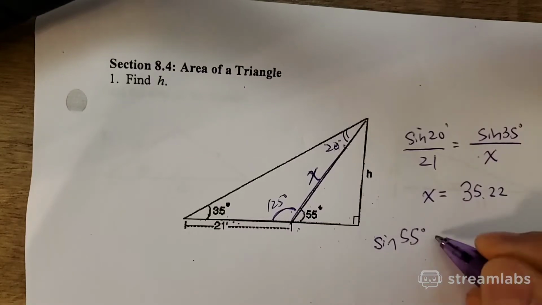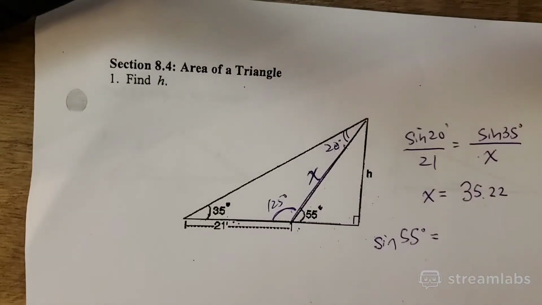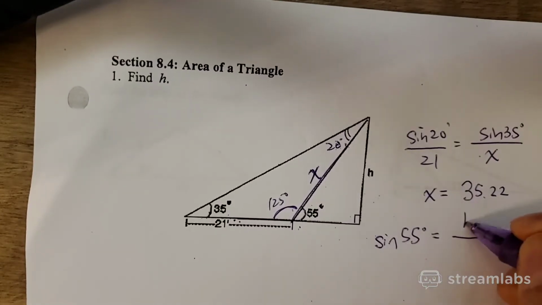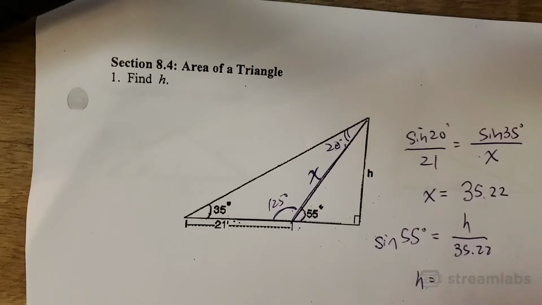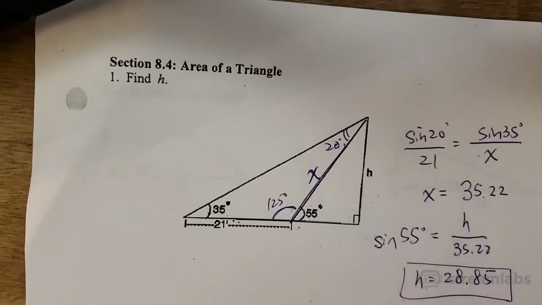I'm just following you guys. Sine 55 equals opposite over x, which is this, right? And then you can find h is 28.85, it seems. All right, this is in feet, right? Feet.